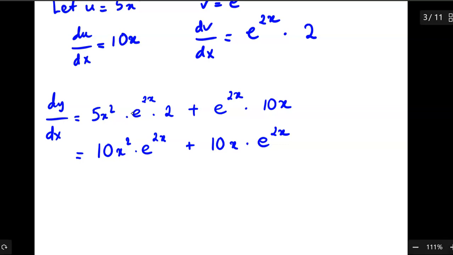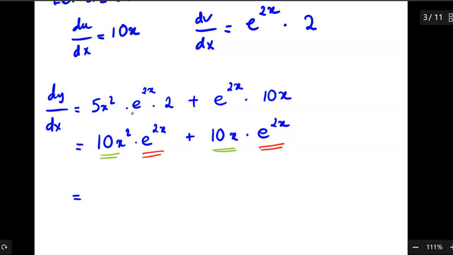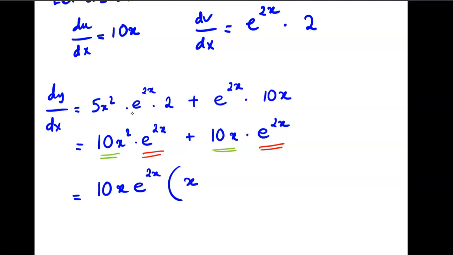So the common factor in this case, you see that this is a 10x there, and the e raised to the 2x and e raised to the 2x. So I would take out the common factor of 10x times e to the exponent 2x. Inside the bracket, I am left with x as the first term. The second one should be 1.